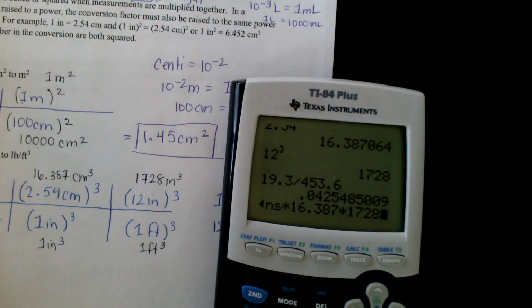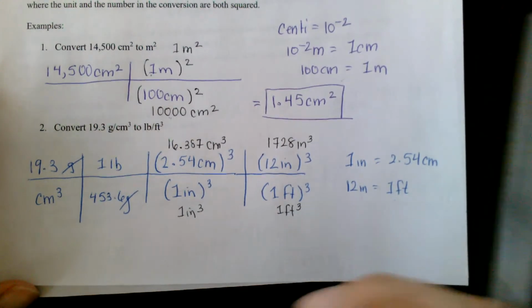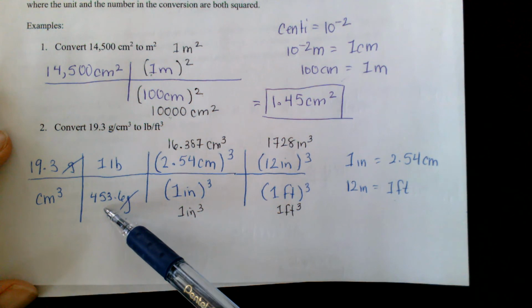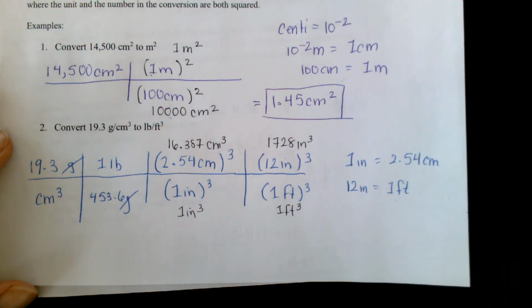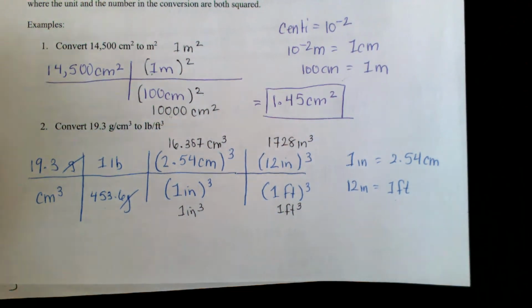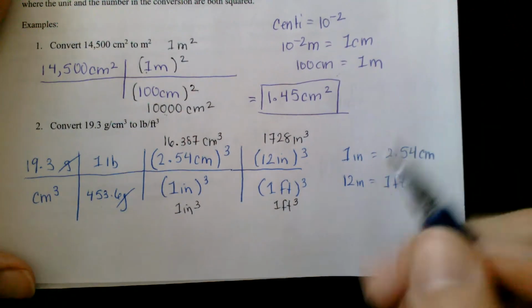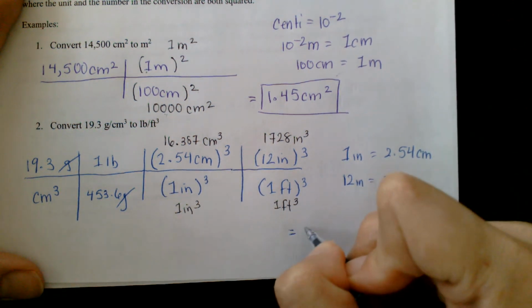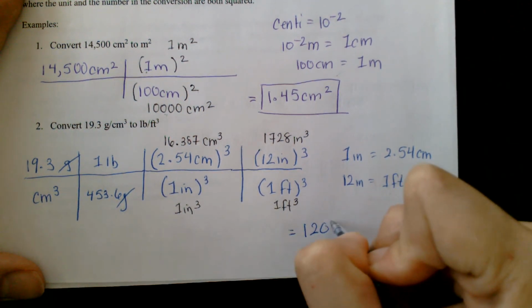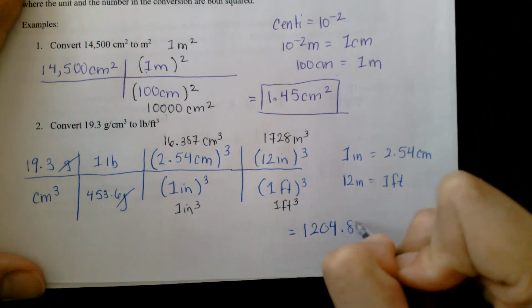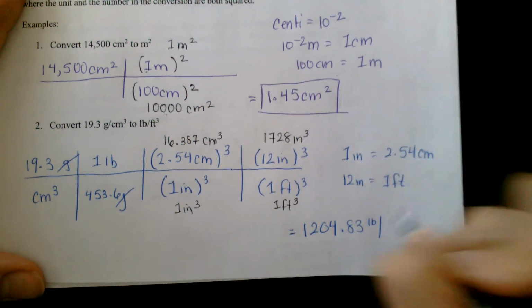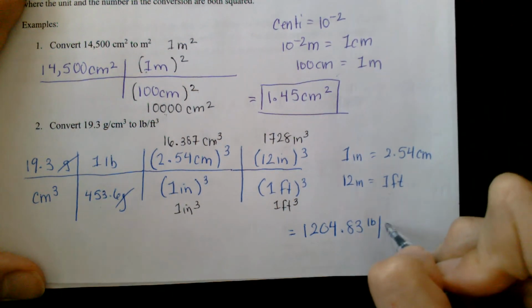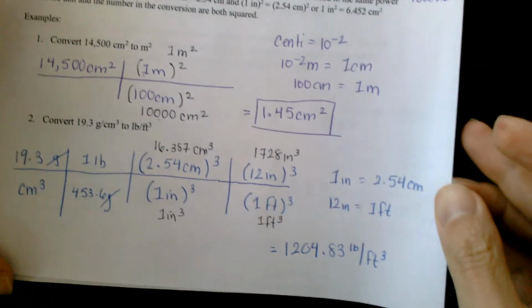I did my 19.3 divided by my 453.6, multiplied by my 16.387, and then to round it out, multiply by my 1,728. Okay, so when we do that, we have 1,204.83. If we look at our units that are left, we have pounds, and then our cubic feet.